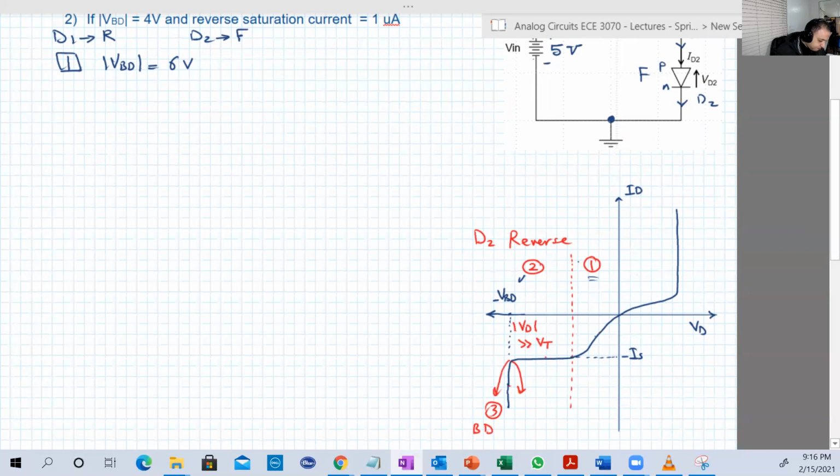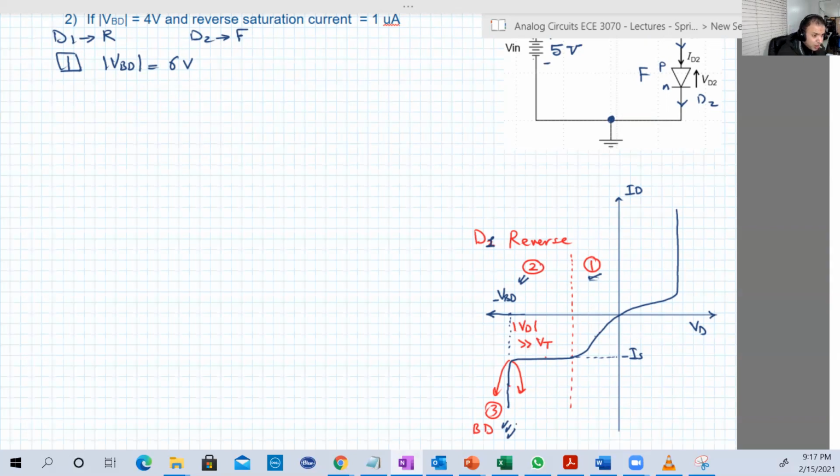Good. So let's start with the reverse one, which is D1. D1 is reverse, so it might be in region 1, in which VD1 is much less than VT or comparable to VT.